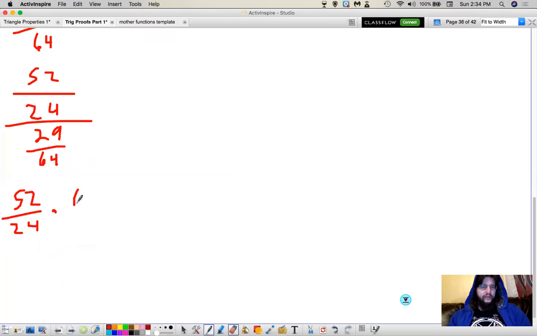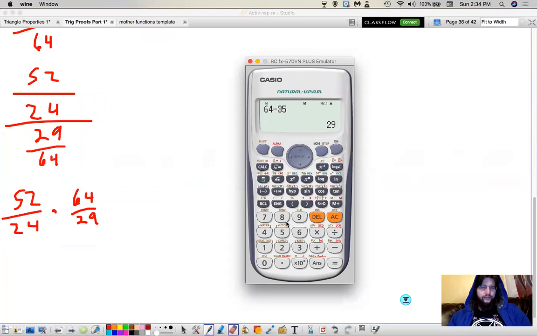Simplify the denominator. We're just going to use the calculator here. 416/87. Sure, why not?